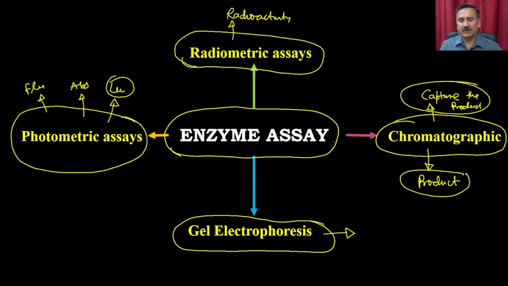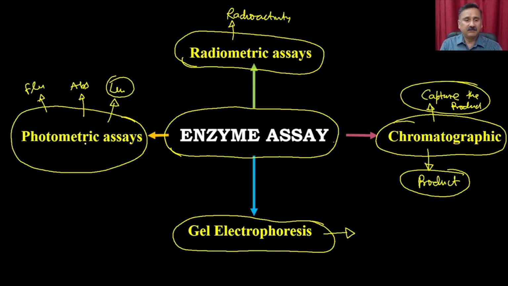And you can quantitate this product with the help of either the photometric assays or radiometric assays. Same way, you can use an electrophoretic system to visualize the substrate, and then you can use either the photometric assays or radiometric assays to quantitate the product, right?